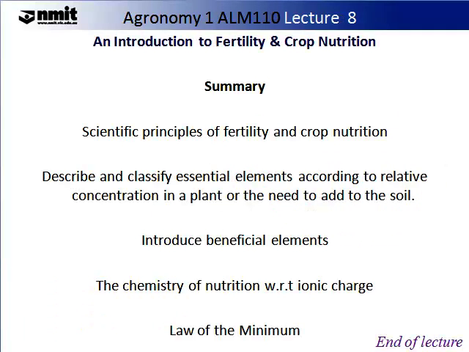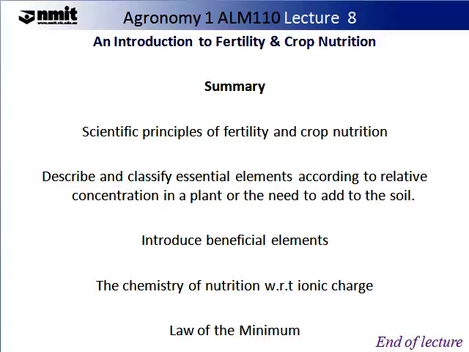This brings us to the end of this lecture on an introduction to fertility and crop nutrition. I hope that you have understood the scientific principles of fertility and crop nutrition that have been talked about here. You should be able to describe and classify essential elements according to either their relative concentration in a plant or their need to be added to the soil environment.